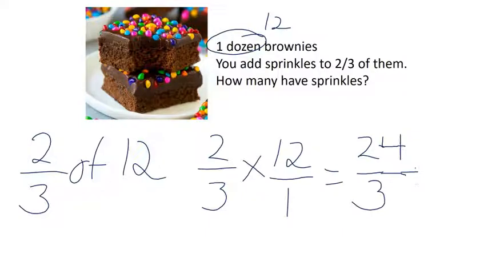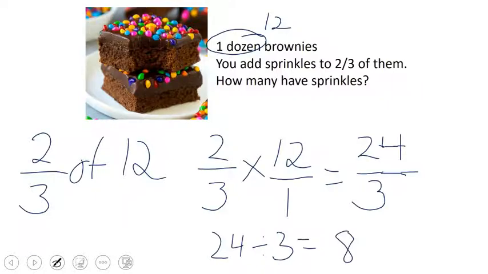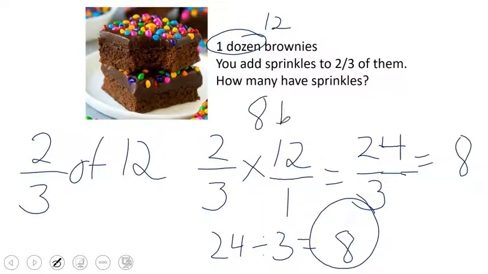So I would say 24 divided by 3 is 8. So I would say 24/3 is the same as saying 8. 8 brownies have sprinkles.